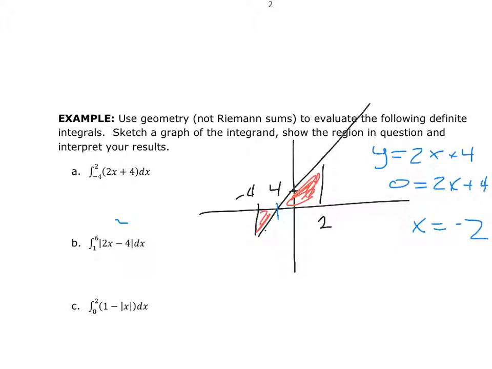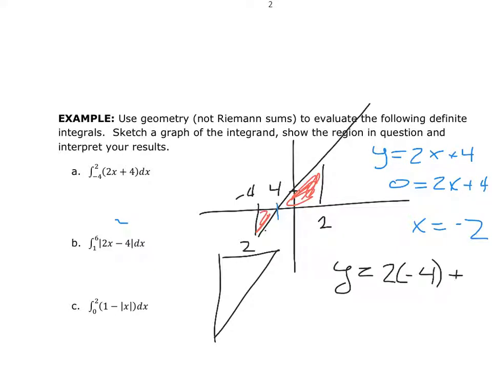If I look at this triangle right here, the left triangle, it is going to have a base of 2. The distance from -2 to -4 is 2. Now I have to figure out what the height of my triangle is, and the way I do that is I go into y is equal to 2 multiplied by -4 plus 4.